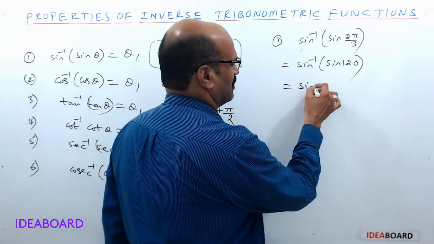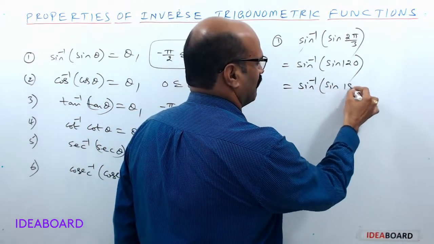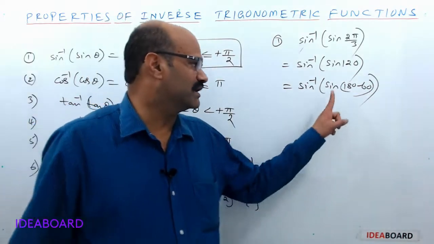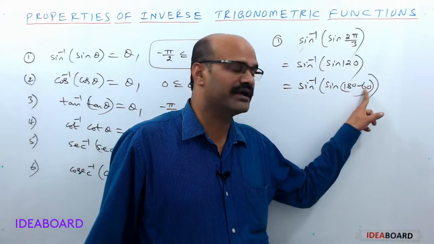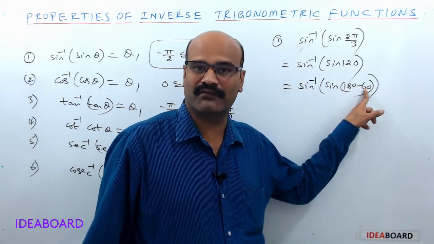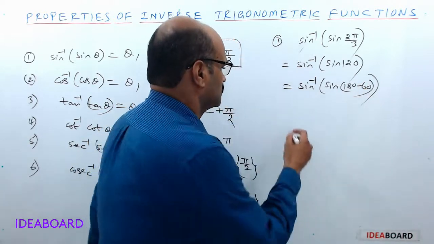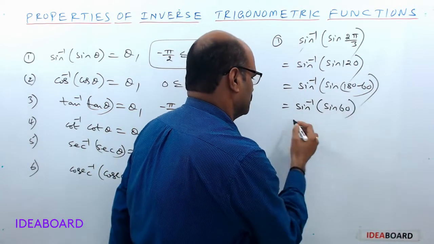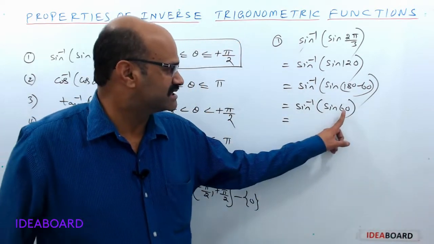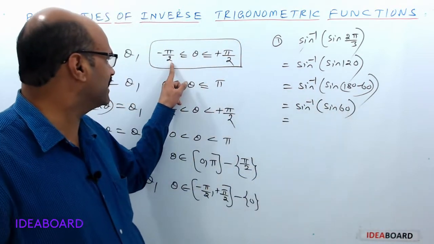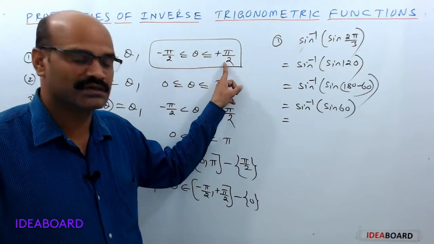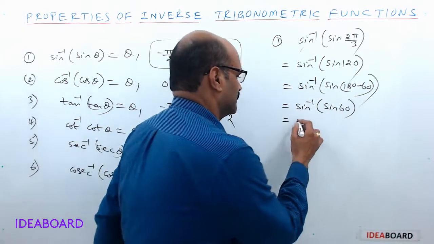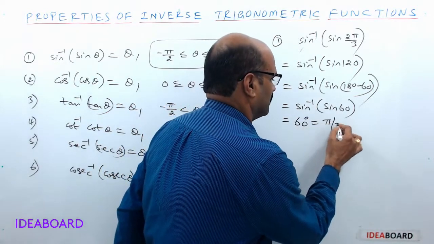So sine inverse of sine of 180 minus 60. We know that sine of 180 minus alpha equal to sine alpha. So sine inverse of sine 60. Therefore 60 degrees lies between minus 90 and plus 90. So this can be taken directly as 60 degrees equal to pi by 3.